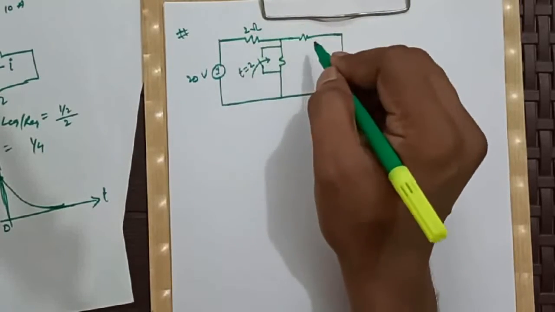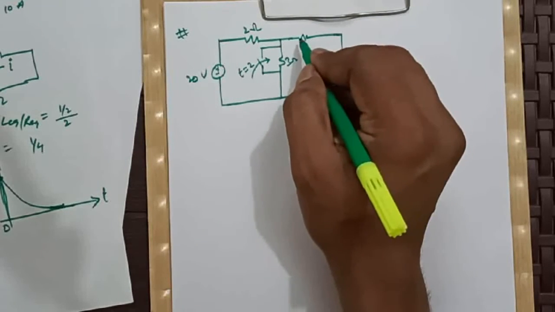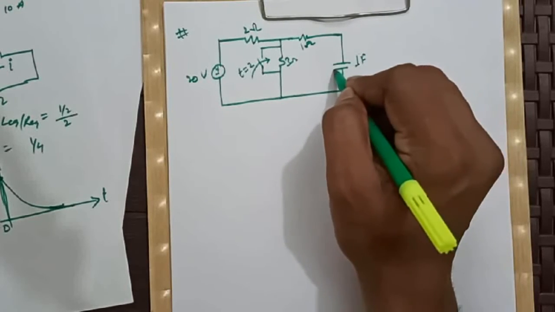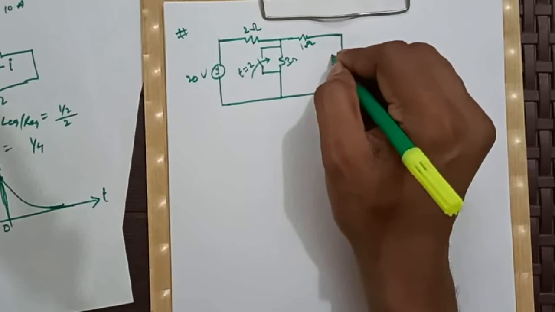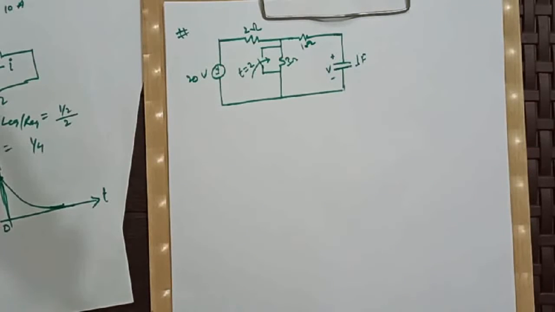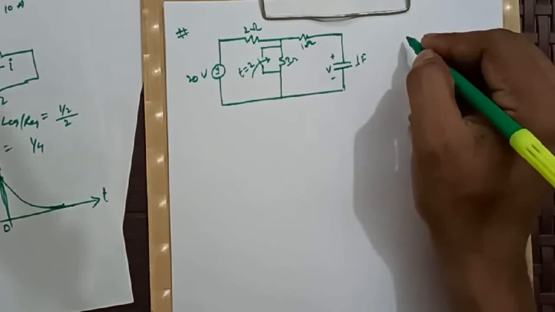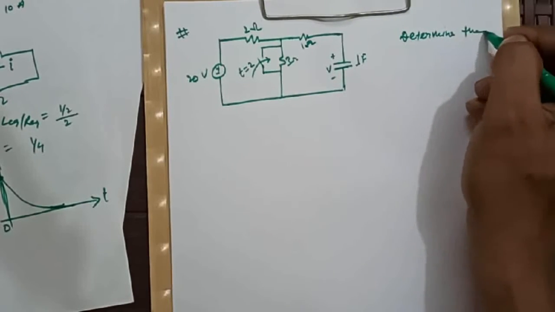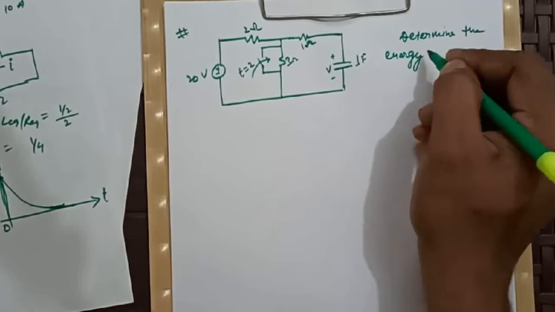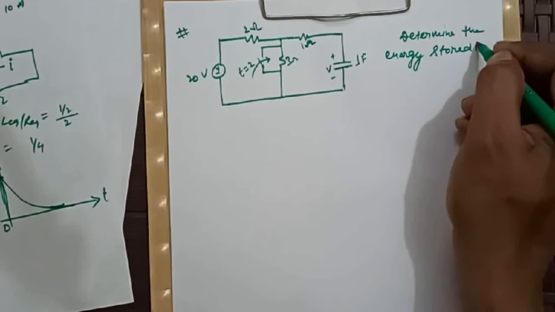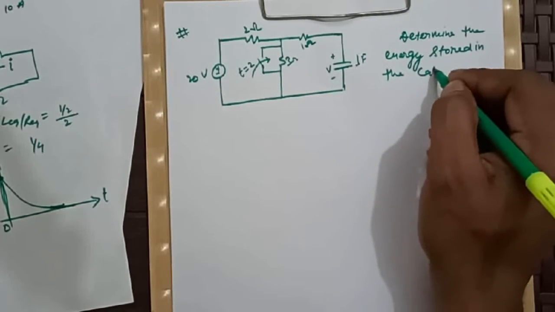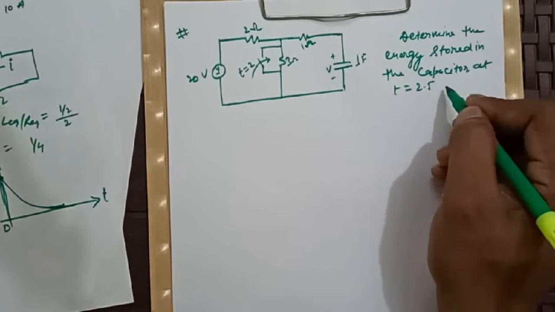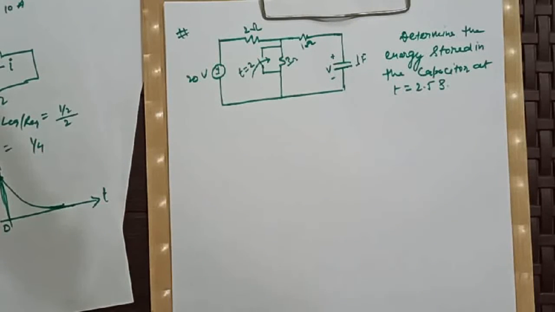This is 2 ohm, this is 3 ohm, this is 1 ohm, this is 1 farad. The question is to determine the energy stored in the capacitor at t equal to 2.5 seconds.